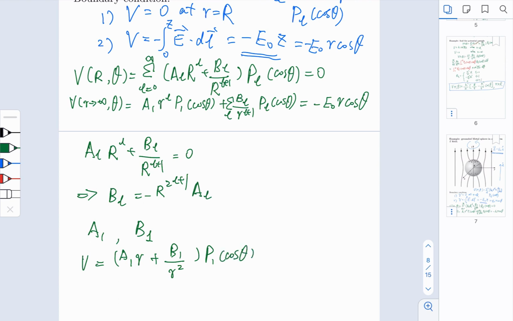So this should be a general solution, and now let's match this with the boundary condition.